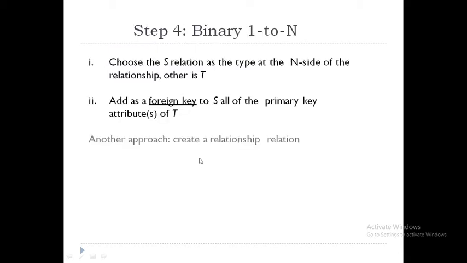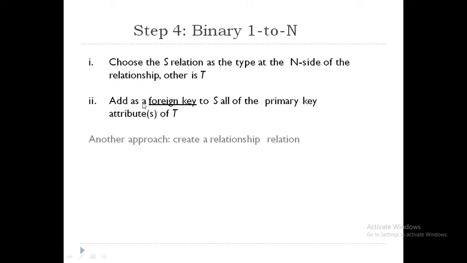Okay. Now the fourth step, mapping binary 1 to n relationship. Here choose the relation S as the type at the n side of the relationship, and the other is T. Now S is at the n side of the relationship type, and the one at the one side is represented as T here, for the convention.